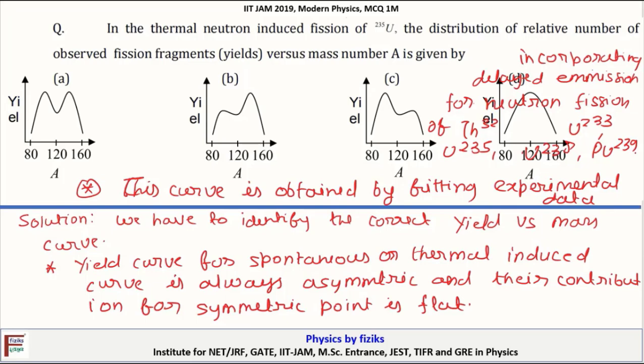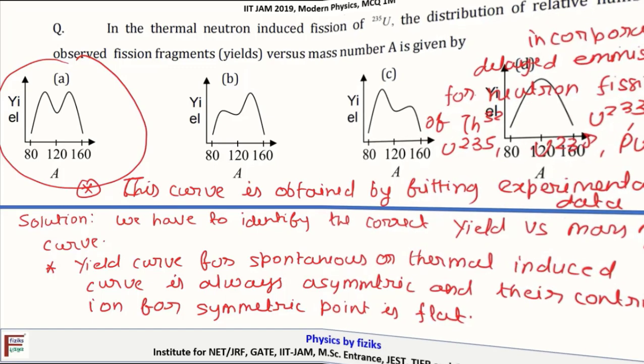For this, the correct option is option A, the yield curve. This is a standard curve which is available in any of the books. You can refer to it. Yield versus mass number A. So the correct option from the given plots is option A.